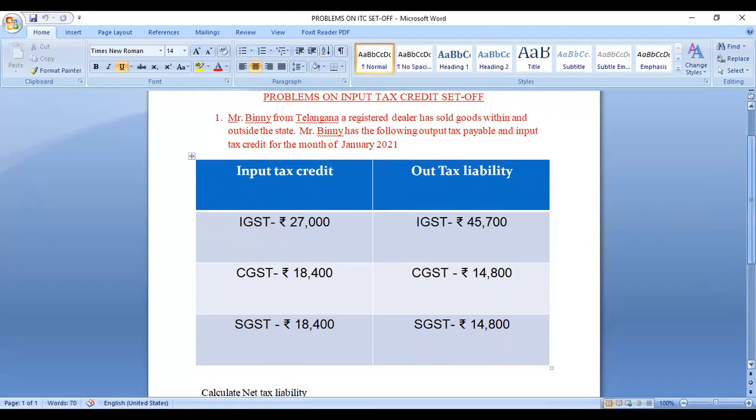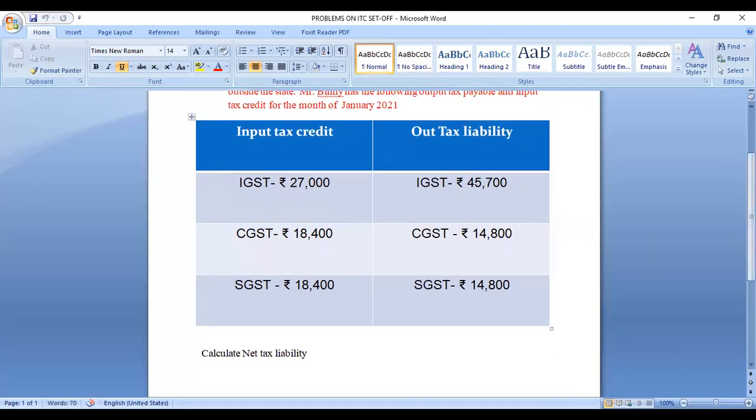So you should calculate the net tax liability. How to calculate the net tax liability?